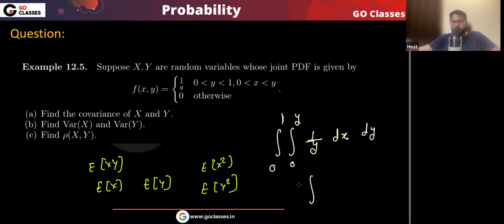Or maybe you can do it in this way. Suppose you do dy first. Then in that case, what is the limit of y? y is always greater than x, right? So maybe you can write x to 1.